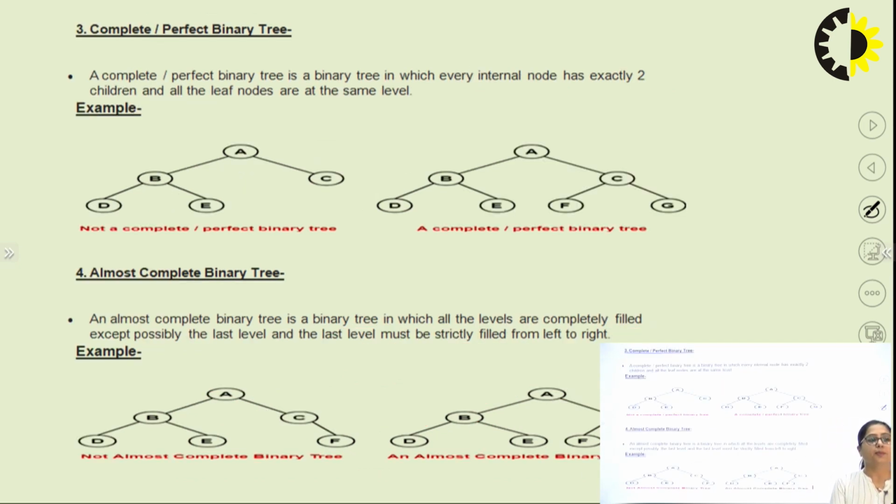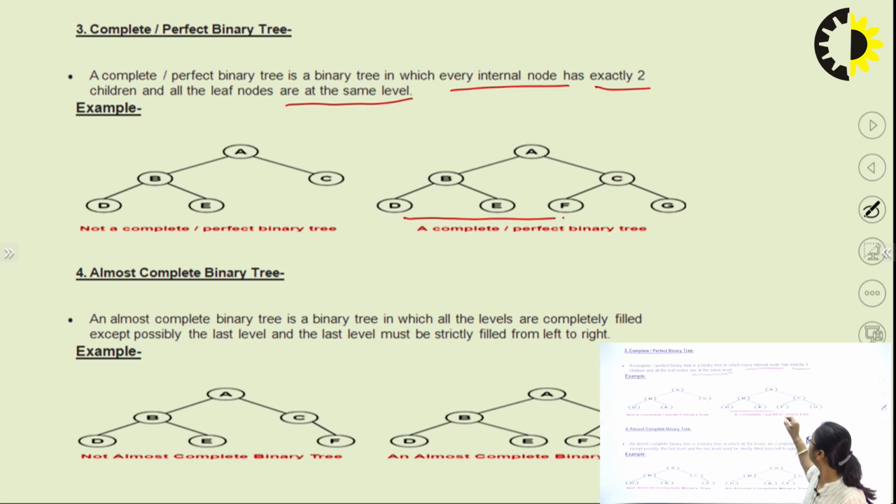Next is the complete or perfect binary tree. A complete or perfect binary tree is a binary tree in which every internal node has exactly 2 children and all leaf nodes are at the same level. Here 4 leaf nodes exist, 1, 2, 3 and 4.